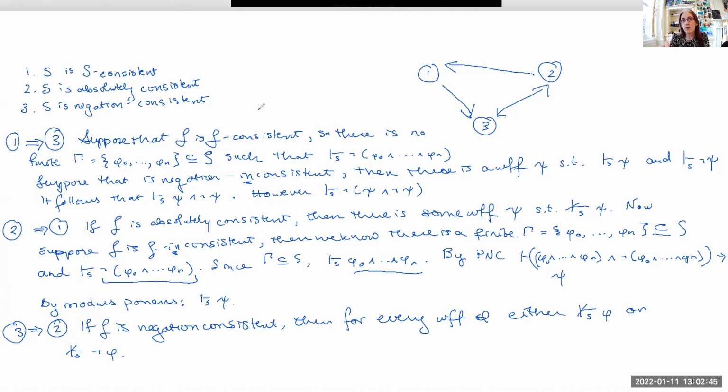If you have a system that validates uniform substitution, and this is a rule that we'll be talking about in just a couple of videos and is something that all of our modal systems do validate, then if you are able to prove an atom, you are able to prove any substitution instance of it, including the formula that you assumed you couldn't prove because you had an absolutely consistent set. So that shows that this fourth notion of consistency is equivalent to the second one, and therefore equivalent to all of the others as well.